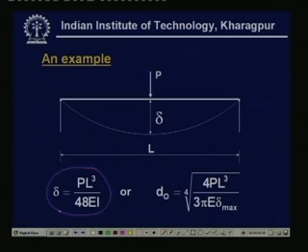Here the I is replaced by its value. For a circular bar, which we are considering here, I is d to the power 4 by 64, and if we substitute that over here, then you get the desired diameter.